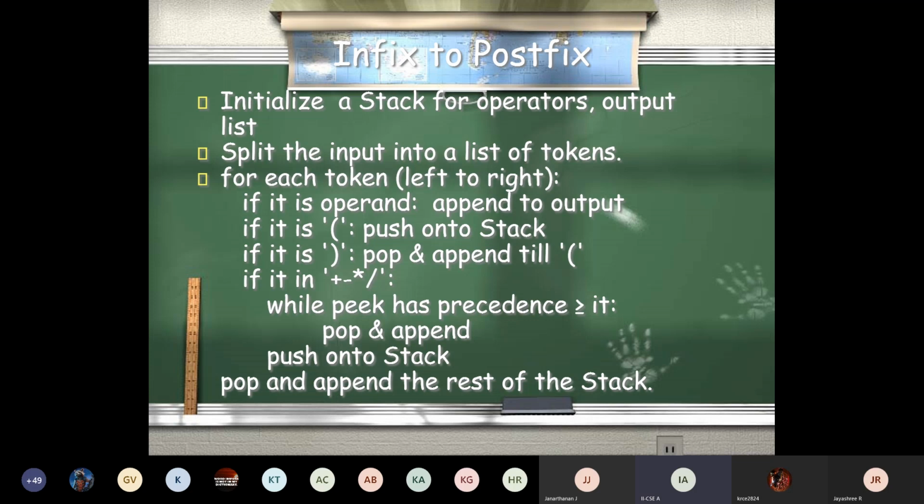So peek defines the terms or operators in your input expression. So while some contents in your input expression, its precedence is greater than the precedence in your stack, we are going to pop contents from your stack and we are going to append in your output.